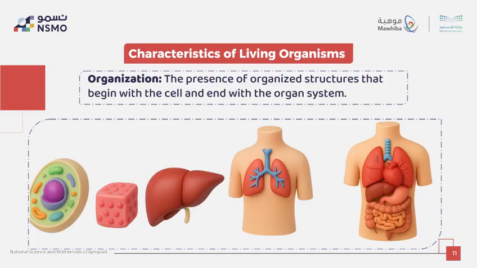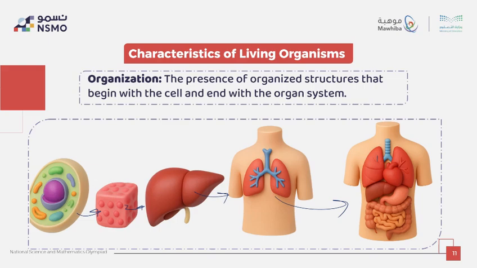All living organisms are not just a random mass of materials. They have clear biological levels, as we said before: cell to tissue, tissue to organ, organ to system, and system to body.